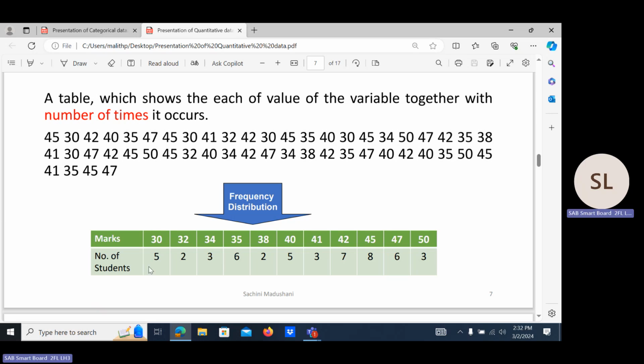The value 30 is repeated 5 times, so 5 is the frequency of 30, and 30 is the value of the variable. The first row represents the values of the variable, and the second row represents the frequency. Understood?